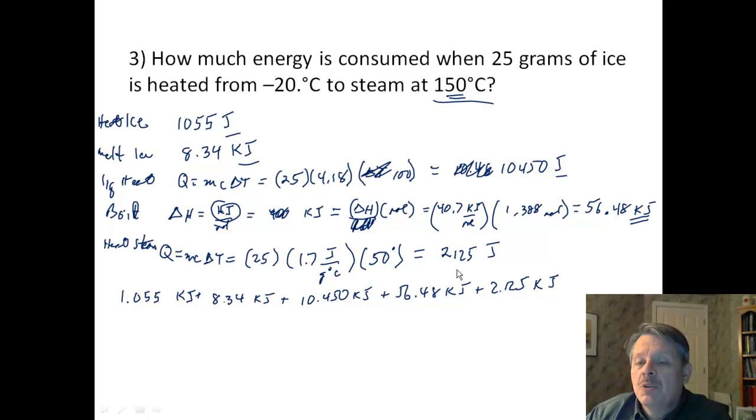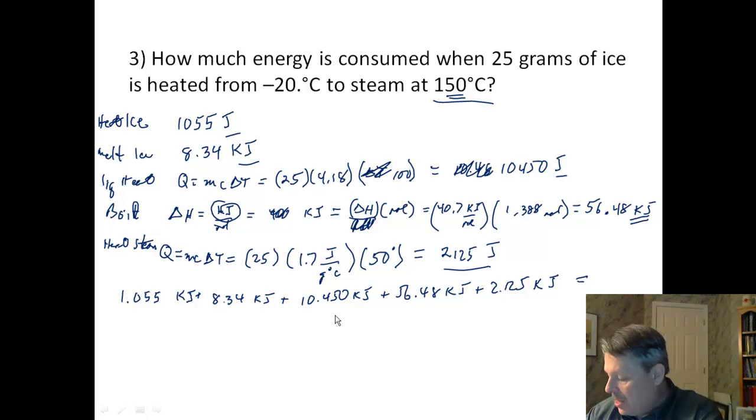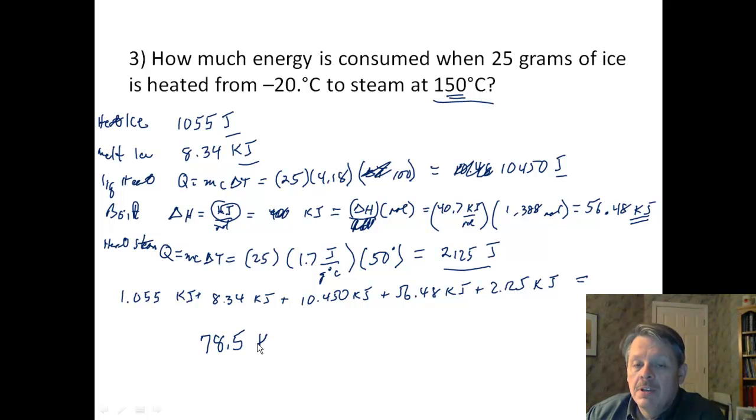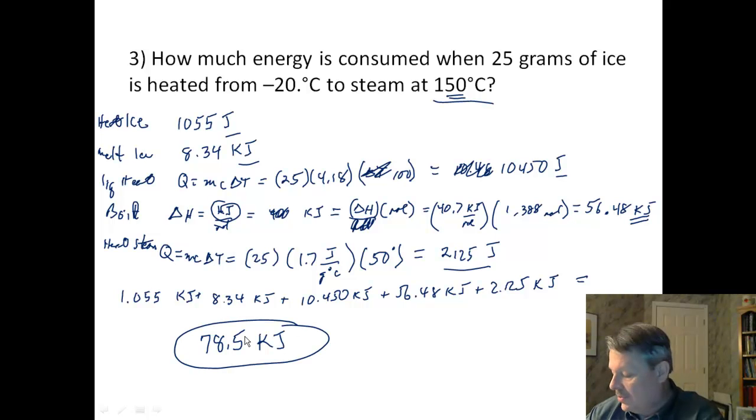Guys, I am assuming you can just look at a number and say joules, kilojoules. You are simply dividing by 1,000, moving the decimal point 3 places, right? When I add all of these numbers up, I get a total of 78.5 kilojoules. A lot of energy, all right?